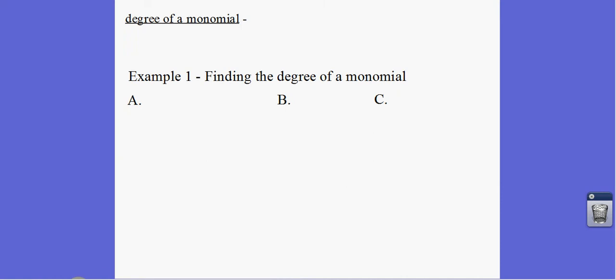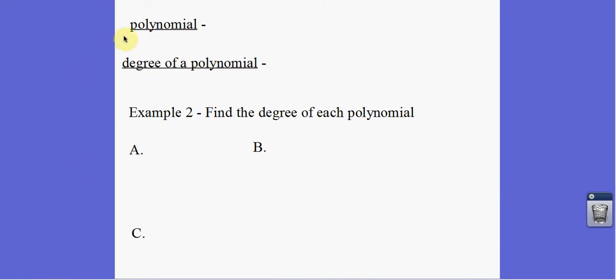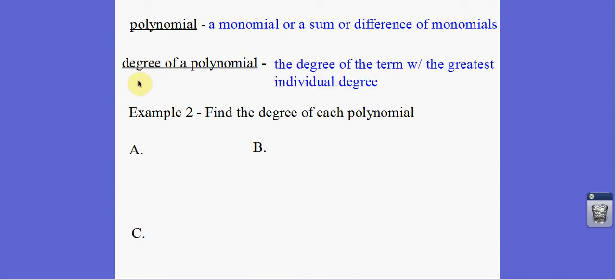Alright, let's take a look here at what a polynomial is. A polynomial is either just a singular monomial like we've been looking at, or it could be those monomials added or subtracted together. To find the degree of a polynomial, it's the same thing as the degree of the term with the greatest individual degree. That sounds a little bit harder than what it actually is.